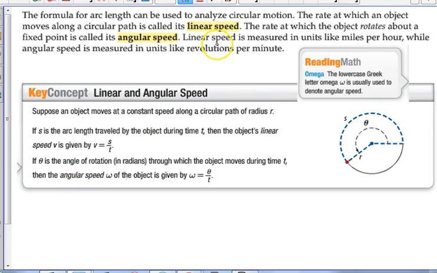A linear speed is how fast something moves along a circular path. It is a distance, measured in units like miles per hour. An angular speed is how fast something turns. You usually measure it in radians per time. They say here you could measure it in revolutions per minute.